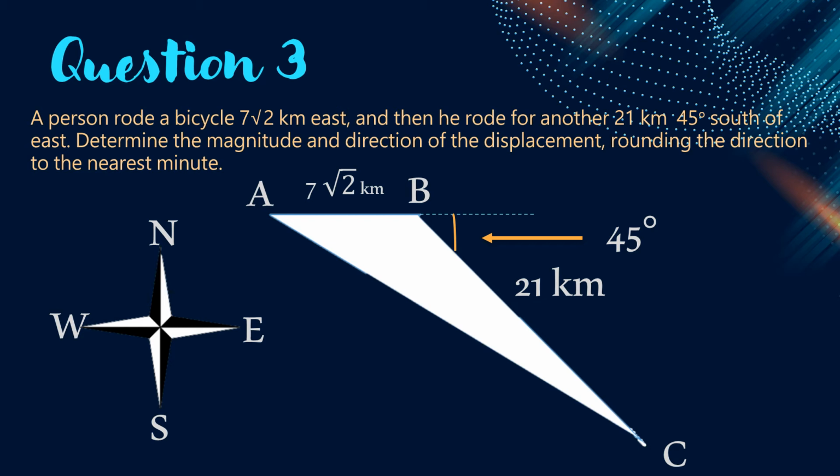Determine the magnitude and direction of the displacement, rounding the direction to the nearest minute. You will absolutely need a calculator to calculate this. So get ready with a calculator now.